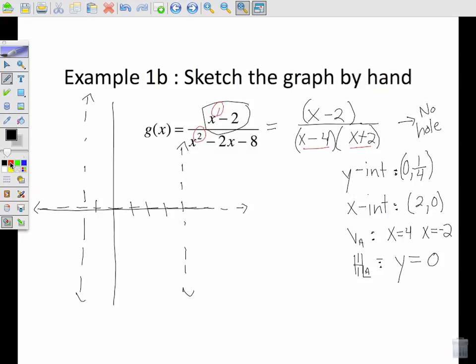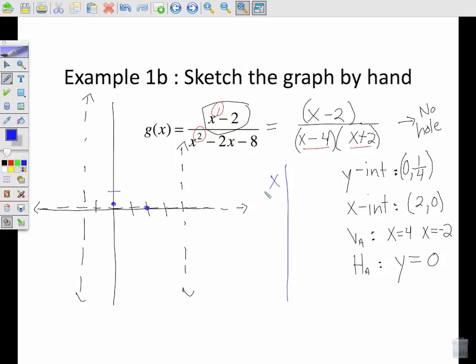All right, I also know that I've got a y-intercept at 0, 1/4. I'm going to go ahead and put these points in here. 0 and then 1/4. This is 1 here. I have an x-intercept at 2, 0. And that's all of the parts that I was able to find.